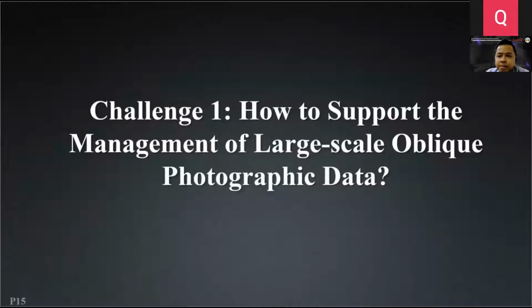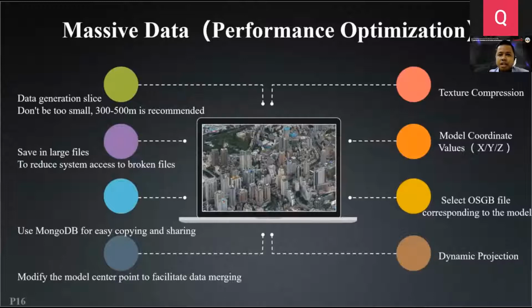As we know, oblique photography data comes in large sets. Then how do we support the management of large-scale oblique photography data? Let's find out how SuperMap manages large data. To optimize the performance, there are several ways to do it, such as data generation in slices, but not too small a slice.